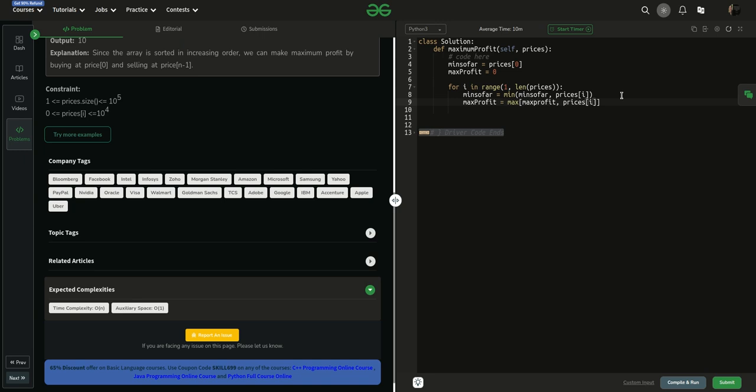So how can we calculate it? We initialize max profit with 0, then we calculate the maximum of max profit and the other element, and then subtract the minimum so far. Then we can return our max profit.